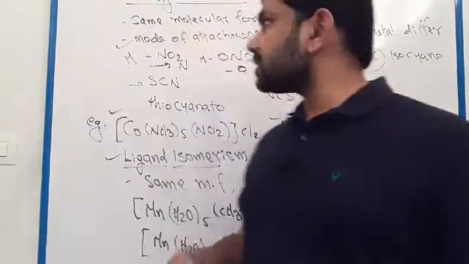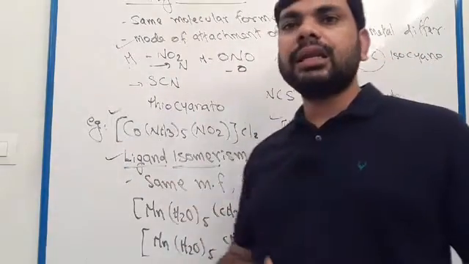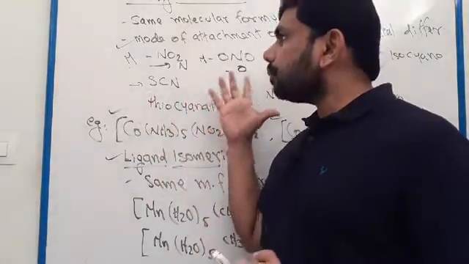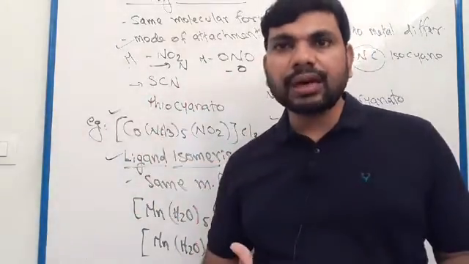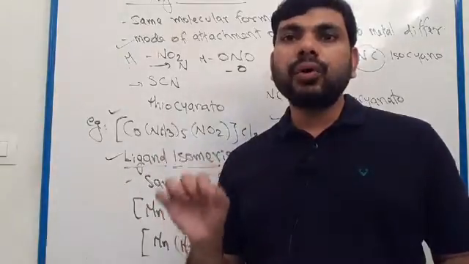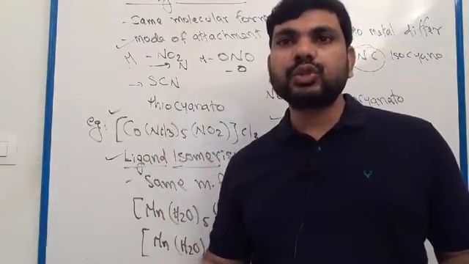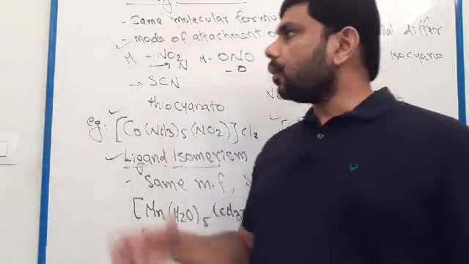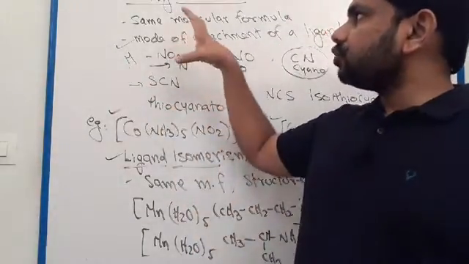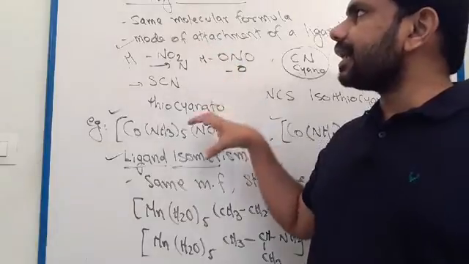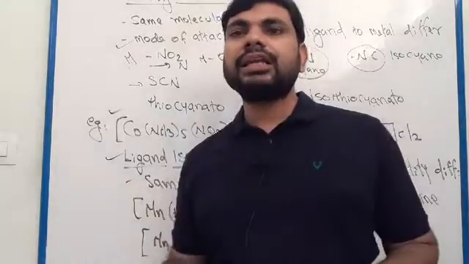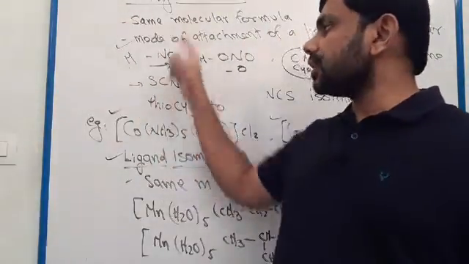So here we discussed linkage isomerism, which means the molecules have the same molecular formula, but the mode of attachment of the ligand to the central metal atom is different. Generally, coordination compounds which contain ambidentate ligands show linkage isomerism.